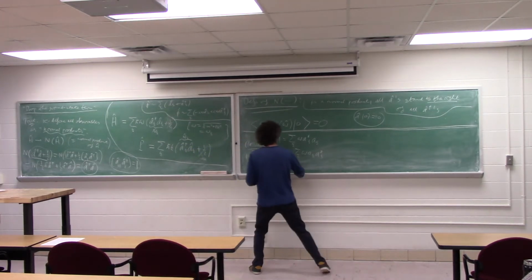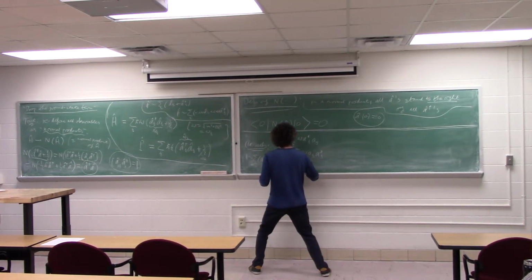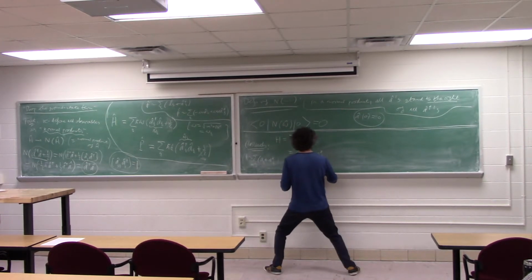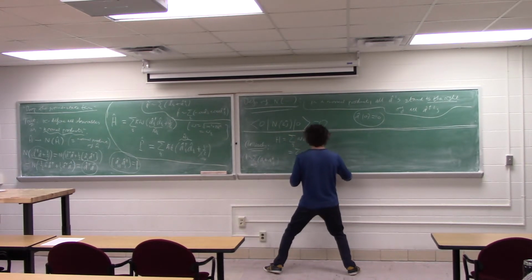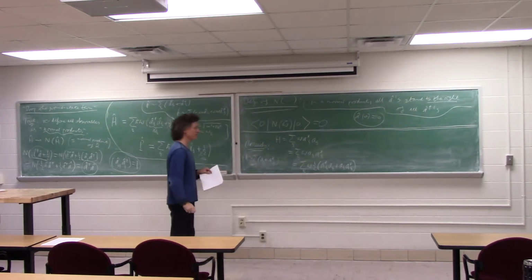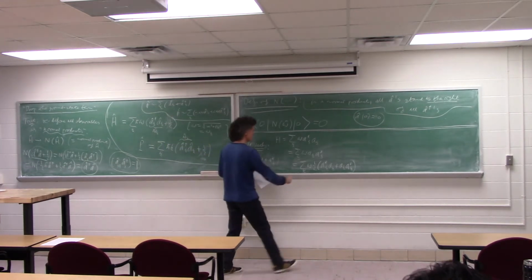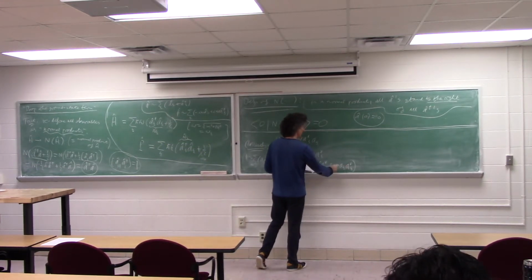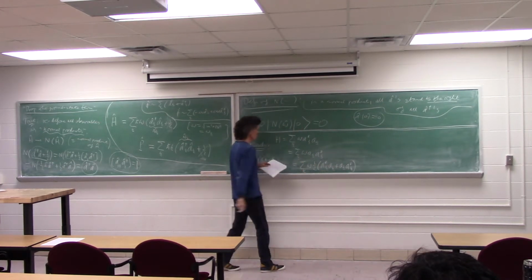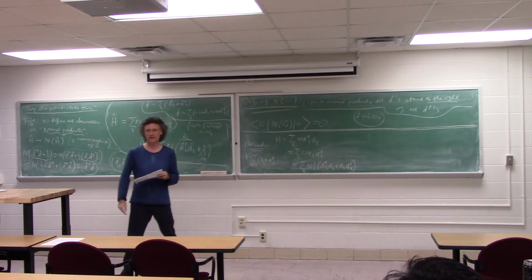I could equally even write this as a sum over K omega 1/2 of A star K A K plus A K A star K. These are all the same thing. A star A plus A A star is just 2A star A, the half goes away.